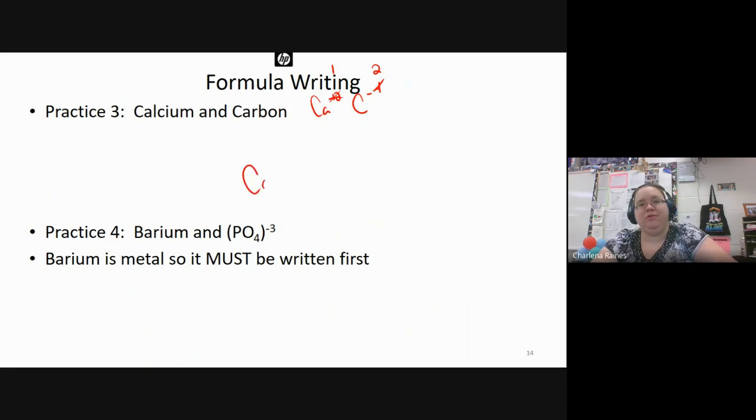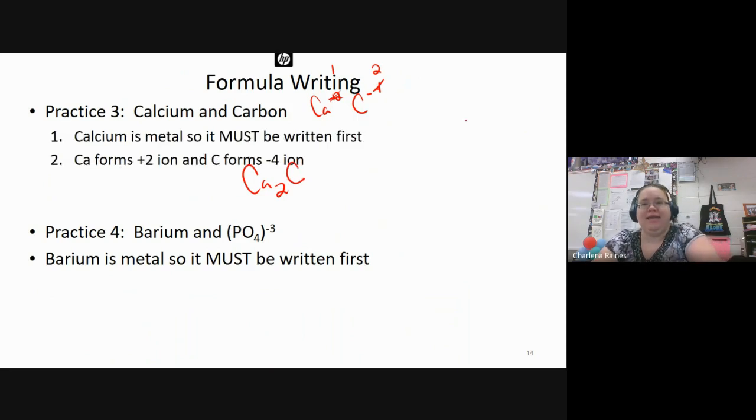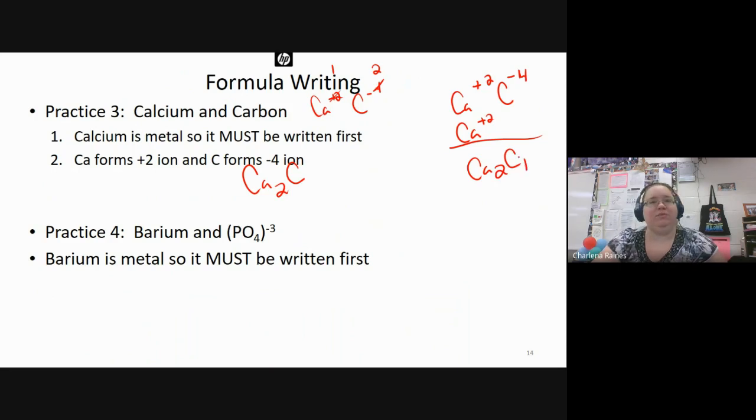So my chemical formula ends up being Ca2C. I can get this the other method by just looking at the charges and adding more of each element until they balance out, but it will take a little bit longer. So I've got to add more calciums. I now have a total of a 0 charge. So I see that I have 2 calciums, 1 carbon.